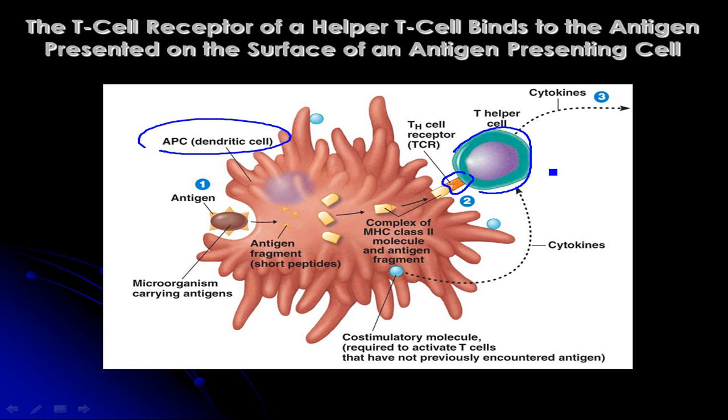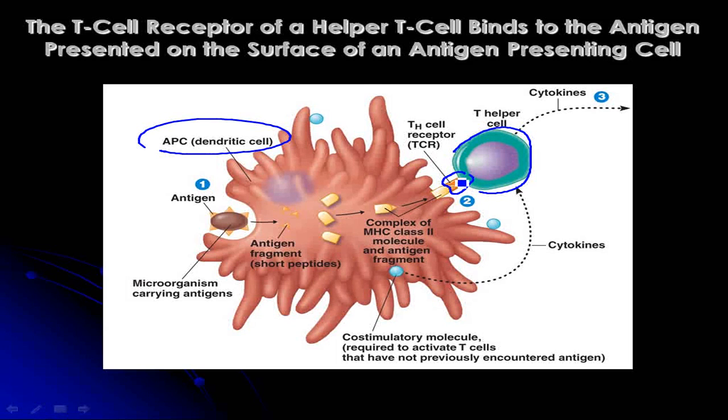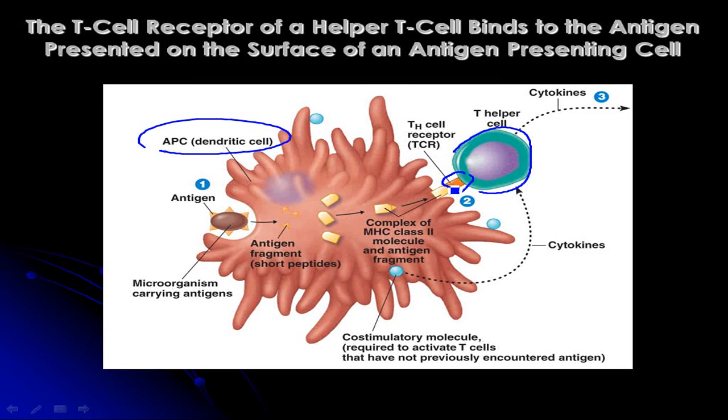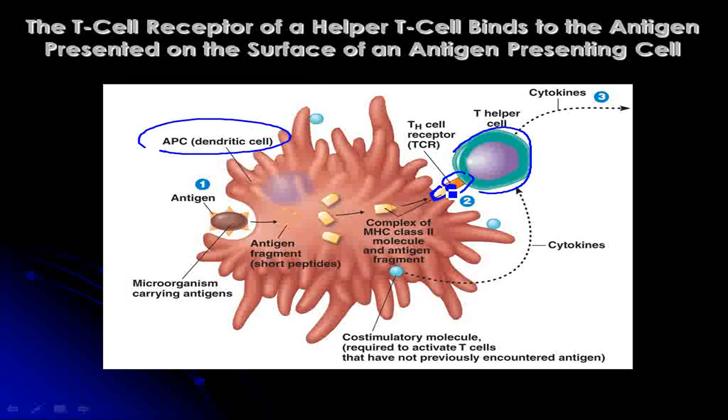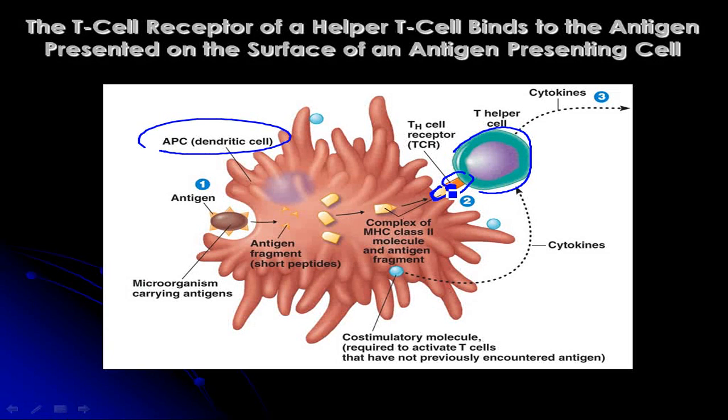And if a helper T cell gets lucky and its T cell receptor binds to its own little special antigenic determinant that's being presented to it within an MHC class II protein on the surface, that's going to cause the helper T cell to get activated.